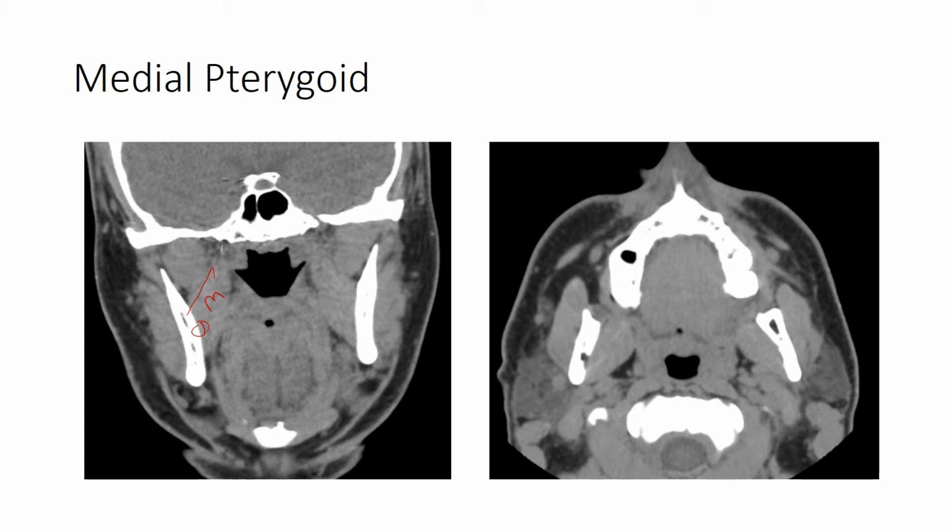So the lateral pterygoid plate comes down like that, and the medial pterygoid muscle inserts on the medial side of that lateral pterygoid plate. And here it is on axial images here. And it serves, as you can imagine, to close the jaw.